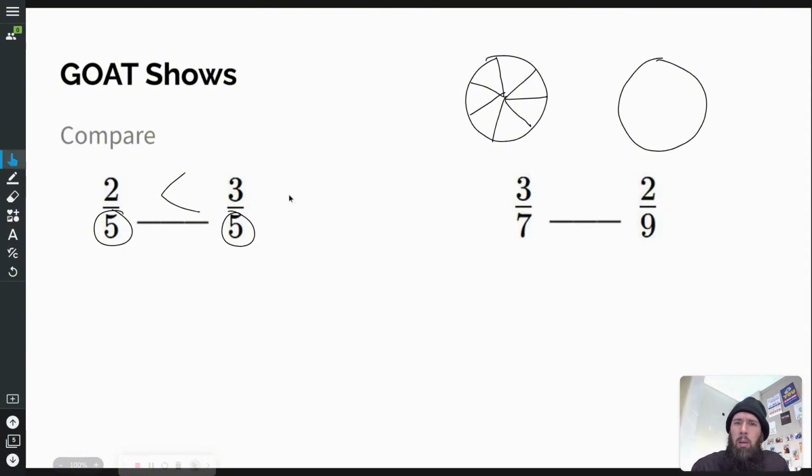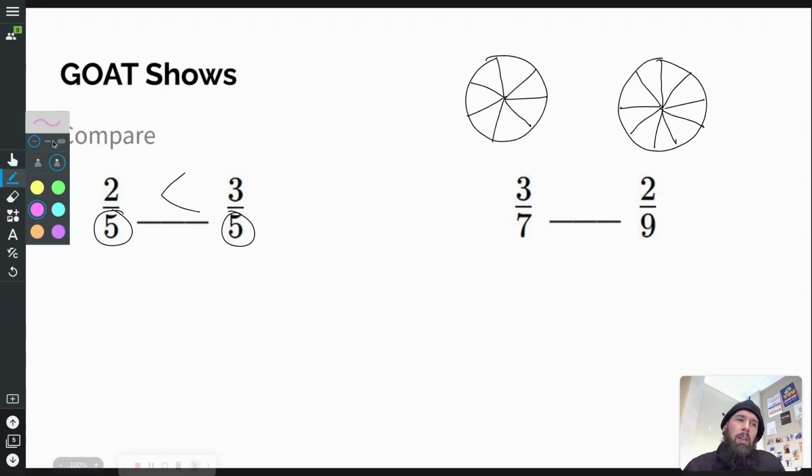I just don't like that I made that line right there crooked. So let's get rid of that line. There we are. I'll take that. And then what I did here is I split it up into 3 first. And did 1, 2, 3, 1, 2, 3, 1, 2, 3.